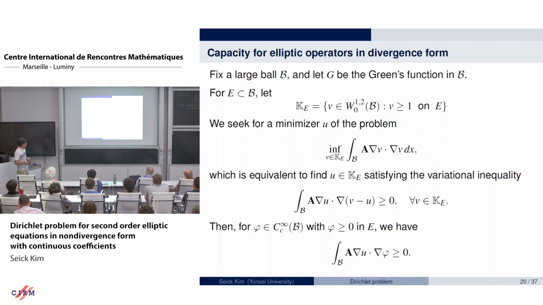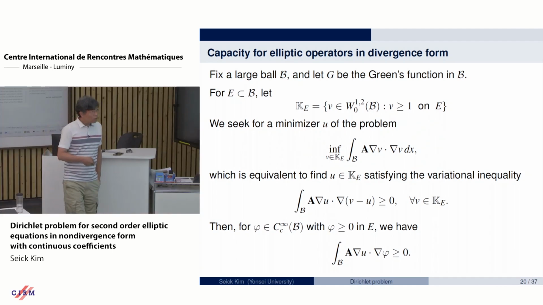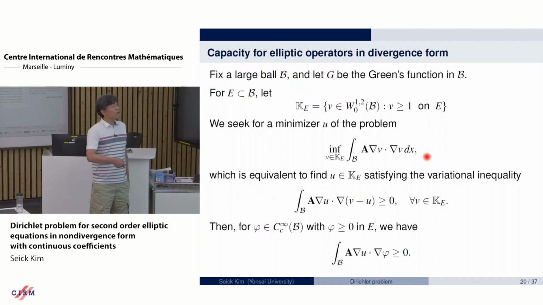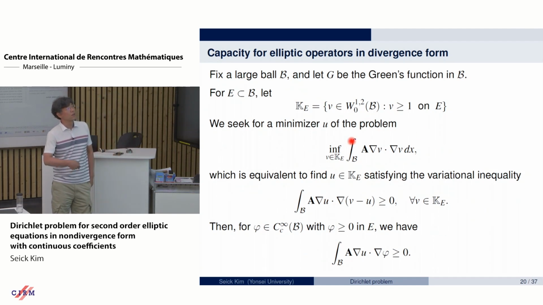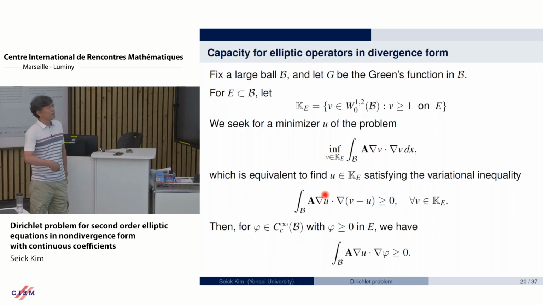Like finding the potential there, right? So it's well known, there's a theory, for example, if you see the book of Kinderlehrer and Stampacchia, then there's a variational inequality characterization of this. So this can be viewed as the obstacle problem, right? And you have this variational inequality, okay? If there is a minimizer, it's a solution to this inequality, and you satisfy this condition, all right?